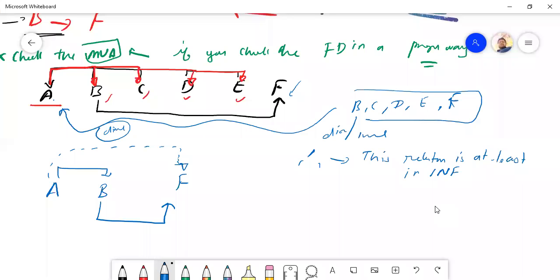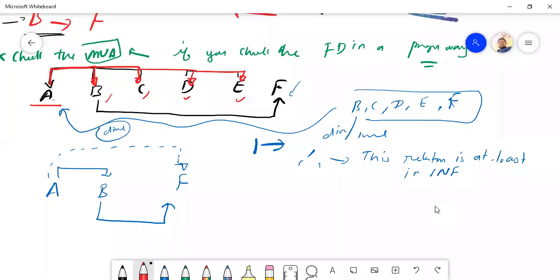It means first normal form. If you say this is first normal form, you should not find any multi-value attributes. Okay, so that is the first stage you have to do.